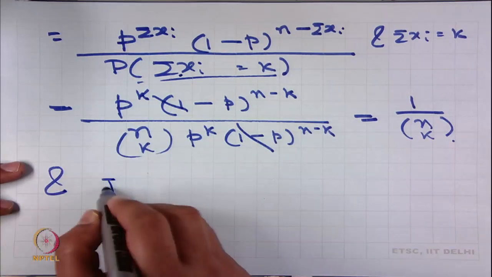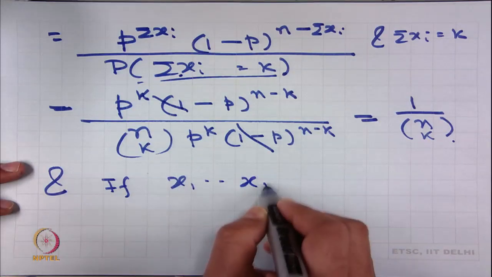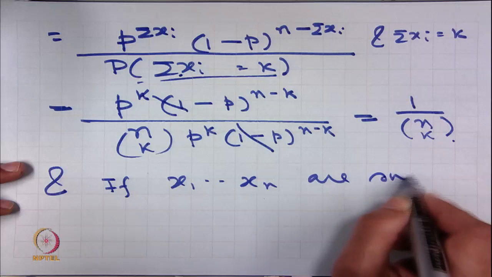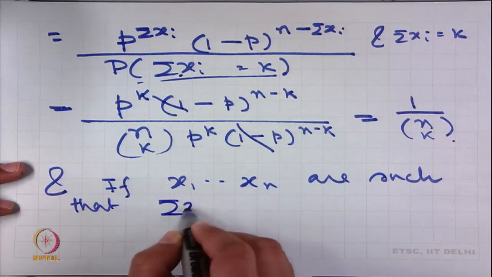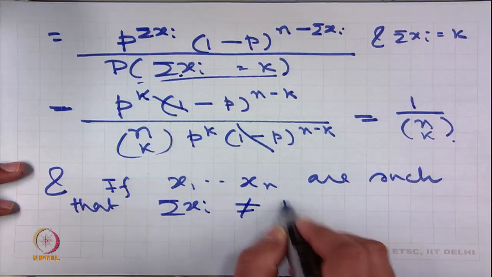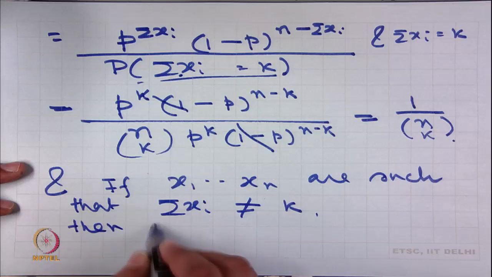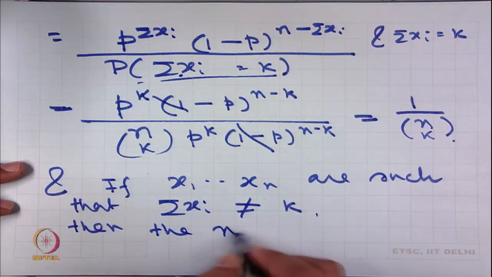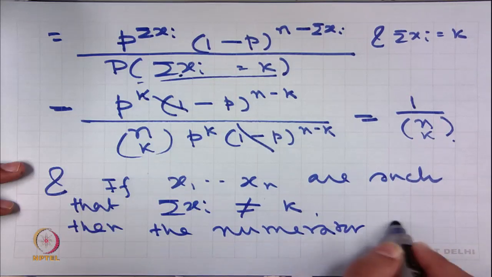And if x1, x2, xn are such that sigma xi is not equal to k, then the numerator is 0.